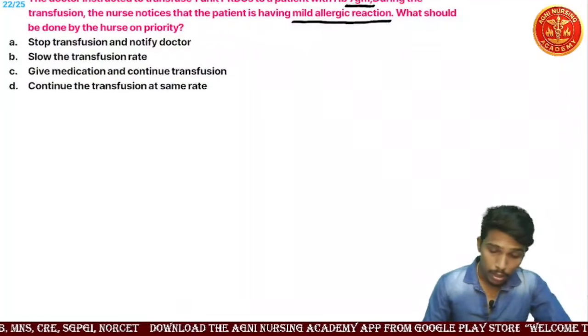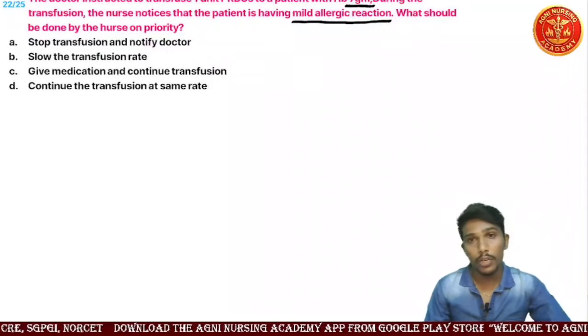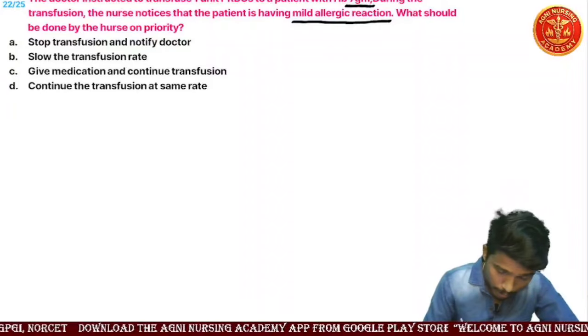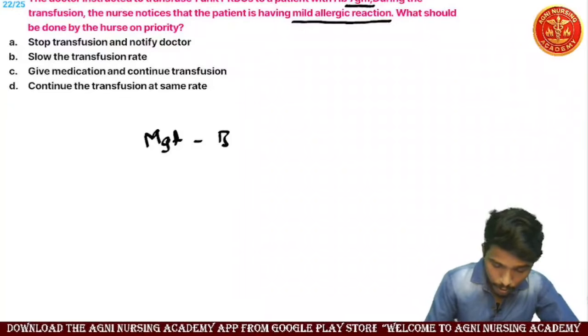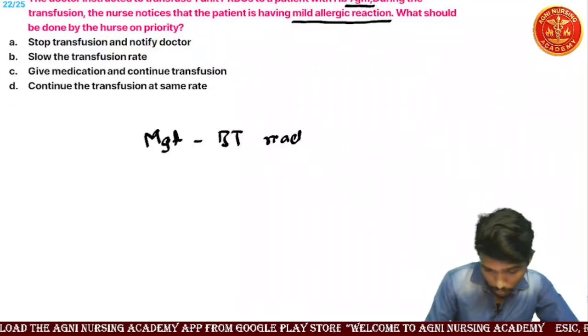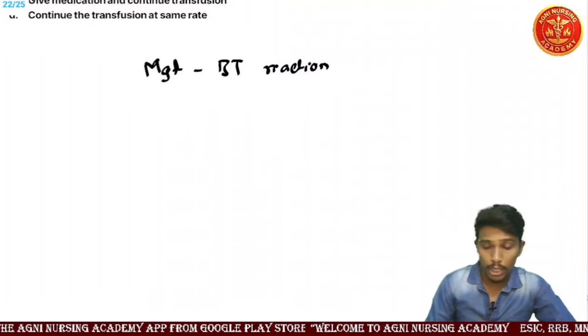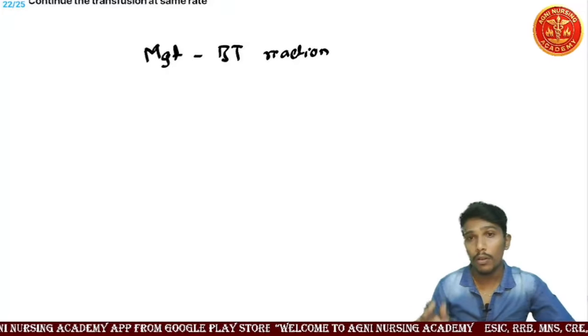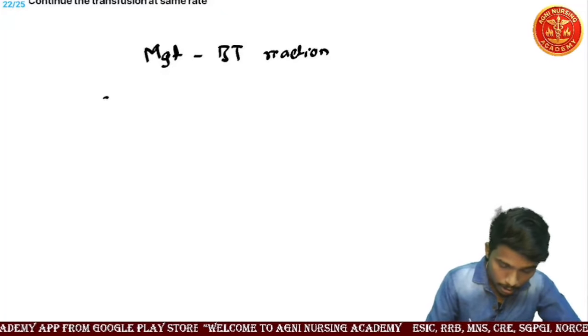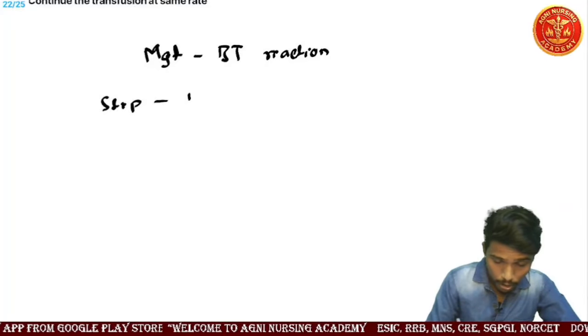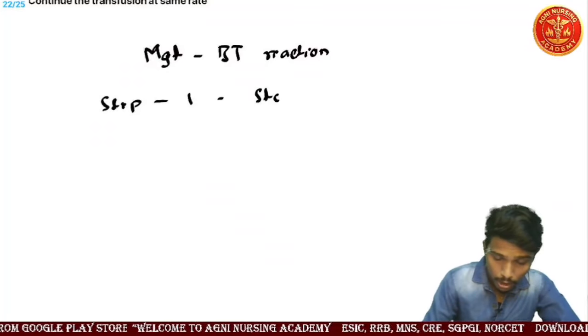Okay, how to manage a blood transfusion reaction? If the patient is getting a transfusion of PRBC and now the patient has an allergic reaction, the first step is to stop the transfusion.